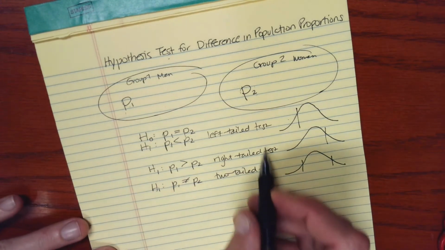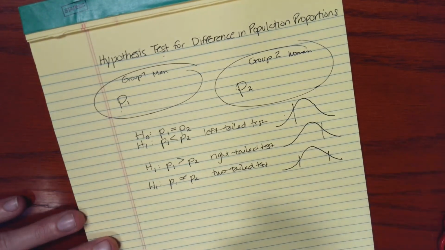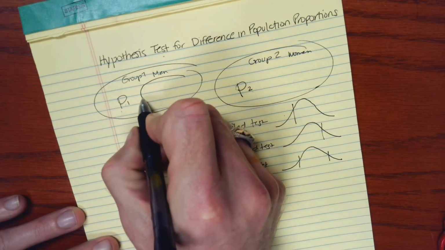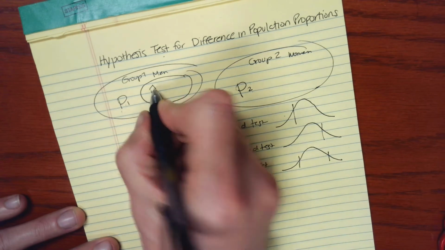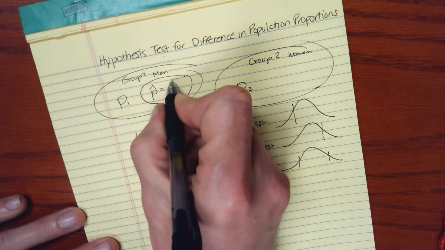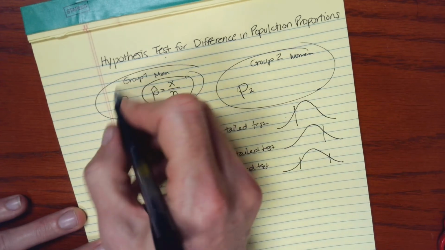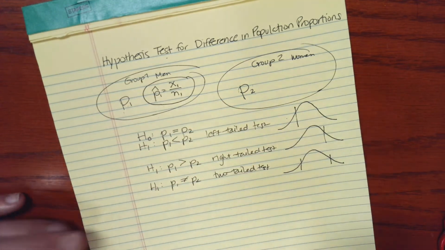Alright, so in order to test this theory, we need to gather some evidence. So what we'll do is we'll look in population 1 for a sample, and we're going to calculate a sample proportion. So we'll have a count and then a sample size. And again, since all of this information is coming from population 1, I'm going to use little 1 subscripts.